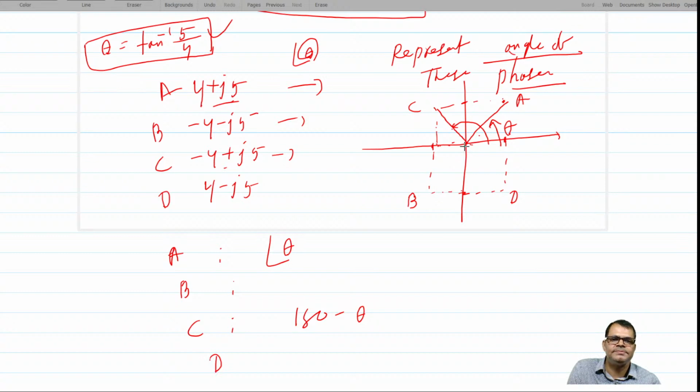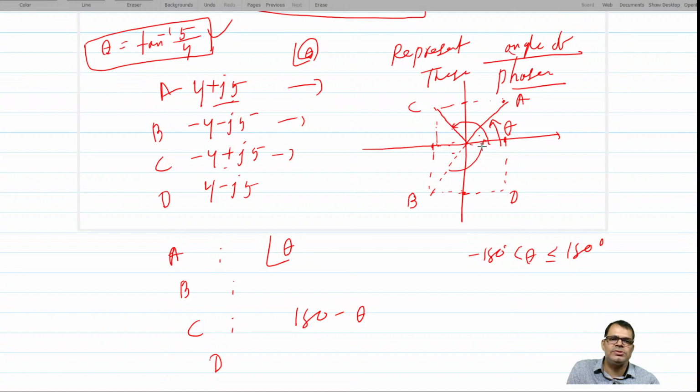You see here, this angle, I have told you the theta should be between minus 180 degree and 180 degree, greater than minus 180 degree and less than 180 degree. So measure from this axis, because it is greater than 180 degree, I have to represent it as negative.